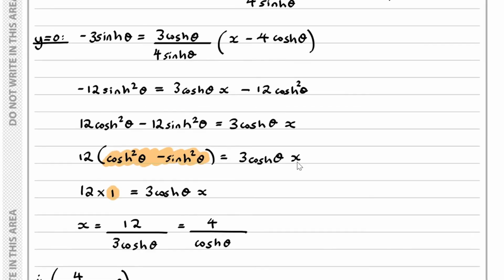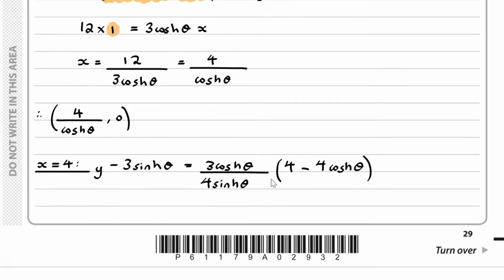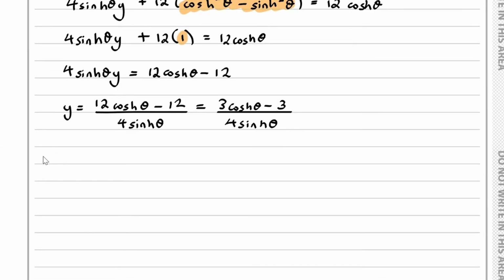Okay, so knowing the value of y, we can state the coordinates of B. In conclusion, this over here was the coordinates of A. The coordinates of B then would be 4, and the y coordinate of B would be 3 cos theta minus 3 over sine theta.